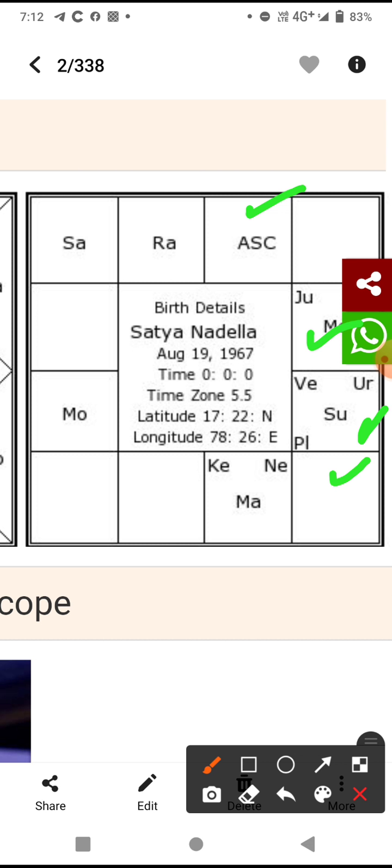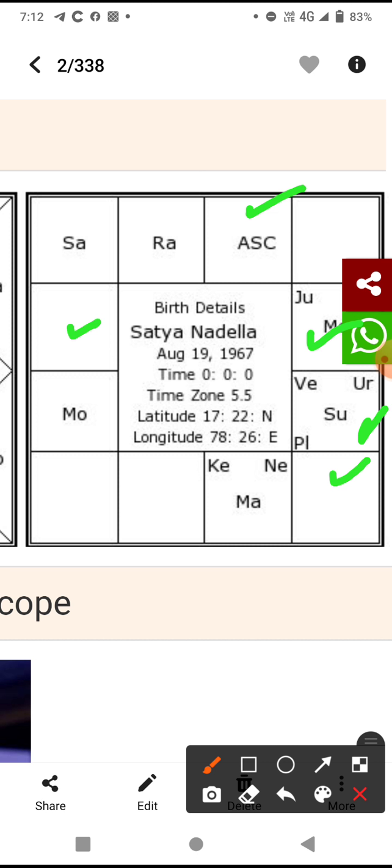Next, the 10th house. The 10th house is the house of career or fortune. Let me check the 10th house. You see, from this Taurus ascendant, the 10th house is Aquarius.